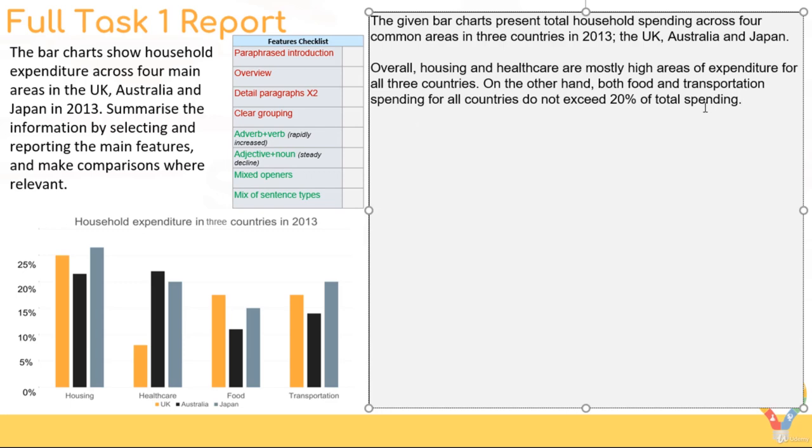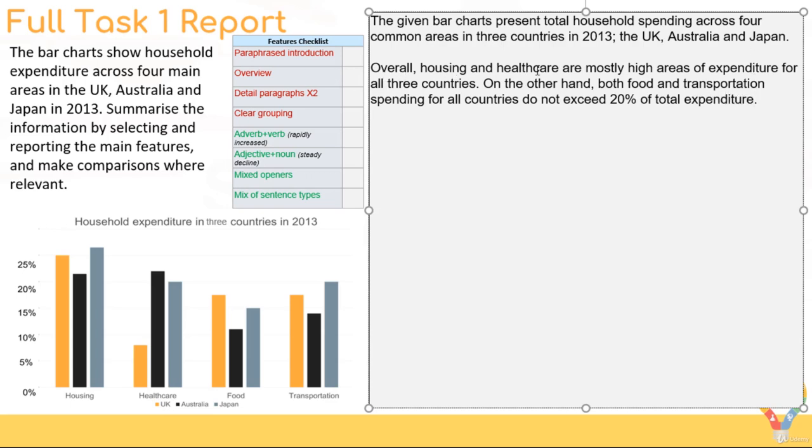And here you can see that I've added spending twice. I don't like repeating myself in my writing, so I need to think of another word for this. I could use expenditure as I'm in a different sentence. So let's write expenditure here. Expenditure.